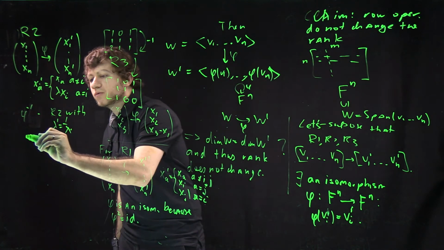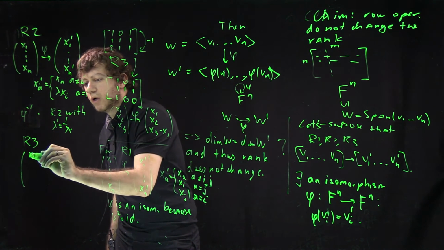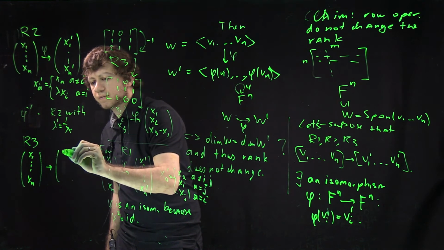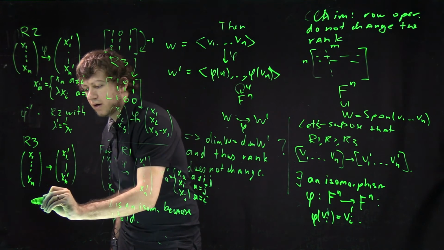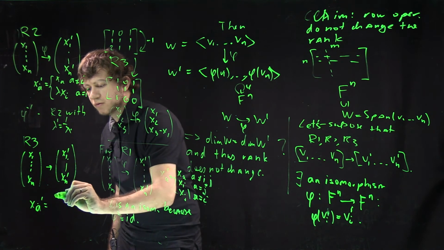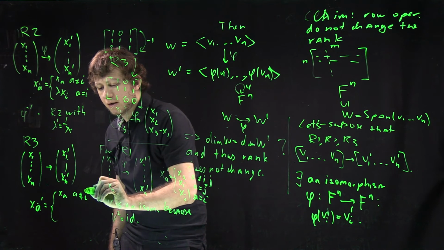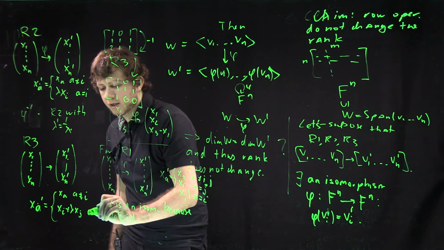And finally, R3 is also very simple. What we do is take x1 to xn, and we move it to x1 prime up to xn prime, where xa prime equals xa for a not equal to i, and xi plus lambda xj for a equal to i.